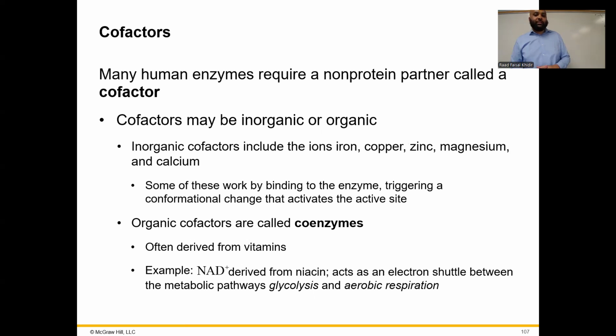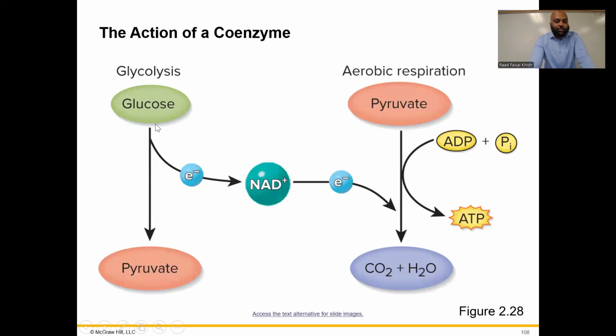Organic factors are now not called cofactors, they are called coenzymes. And they are often derived from the vitamins. An example of that would be the NAD+, nicotinamide. It is derived from niacin and acts as an electron shuttle between the metabolic pathways, glycolysis, and aerobic respiration. So you see, that's aerobic respiration, converting pyruvate into carbon dioxide and water, and that consumes energy.